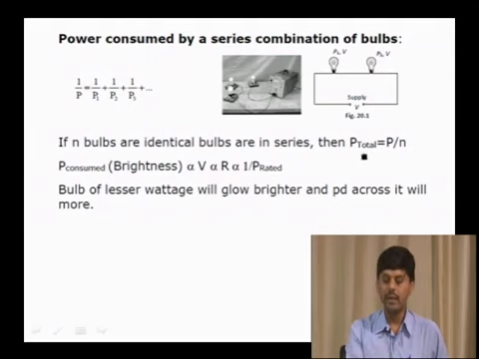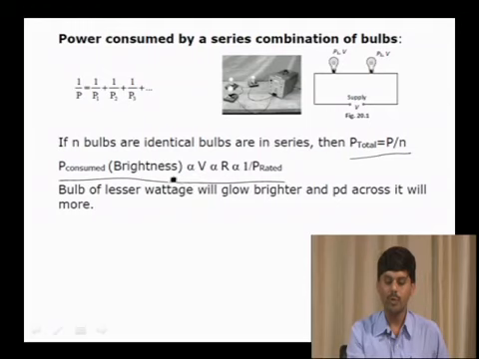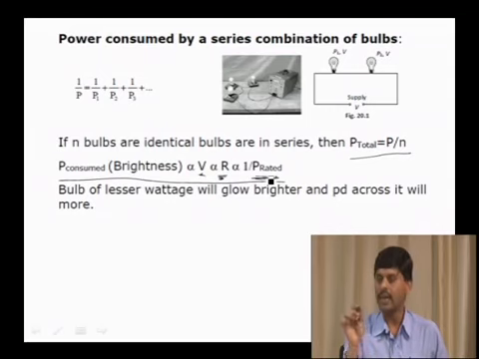See, if the powers are identical, this is 40 watt, this is 40 watt, then the total power is equal to P divided by N. For a series combination, the power consumed, which decides which bulb glows brighter, is directly proportional to the voltage, directly proportional to the resistance, and inversely proportional to the P rated. P rated means whatever rating is written on the bulb.